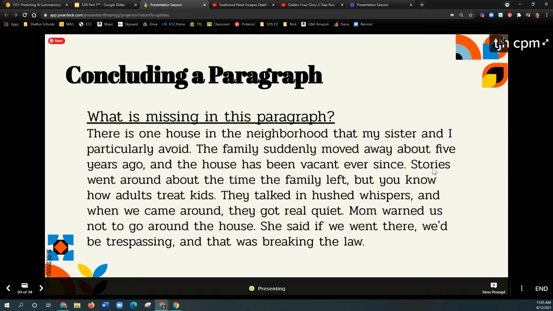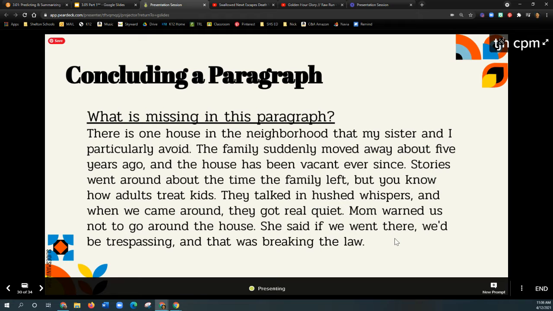Stories went around the time the family left, but you know how adults treat kids. They talked in hushed whispers, and when we came around, they got real quiet. Mom warned us not to go around the house. She said if we went there, we'd be trespassing, and that was breaking the law.